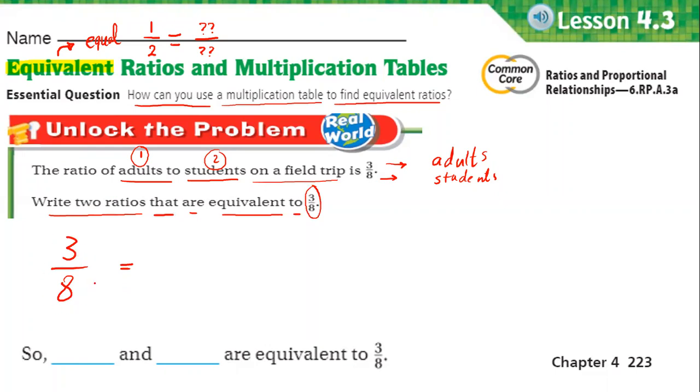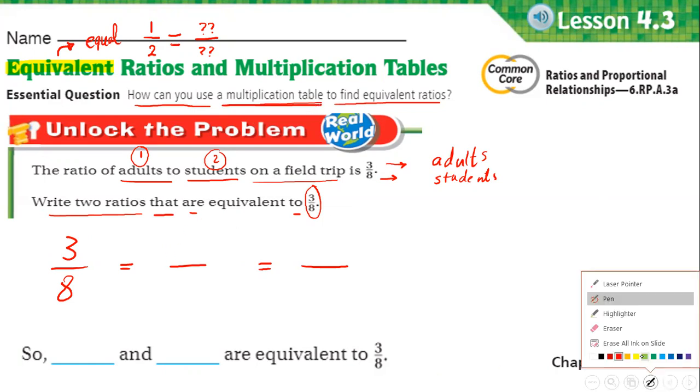I need another equivalent ratio for the first ratio here. In the essential question, I said, how can you use a multiplication table? So you need to multiply only.